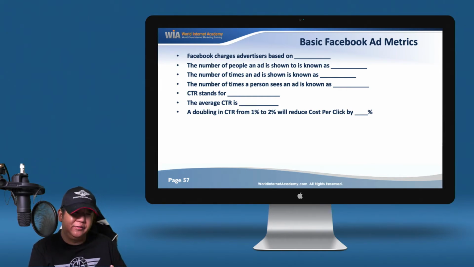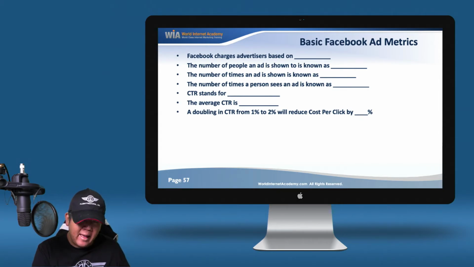A doubling of CTR from 1% to 2% will reduce costs per click by how much? Well, to answer this question, we now have to map CTR with CPM and build in some assumptions. So let's start with CPM, because we know that CPM is cost per thousand. So let's assume for easy numbering, we start at a cost of $10 CPM.